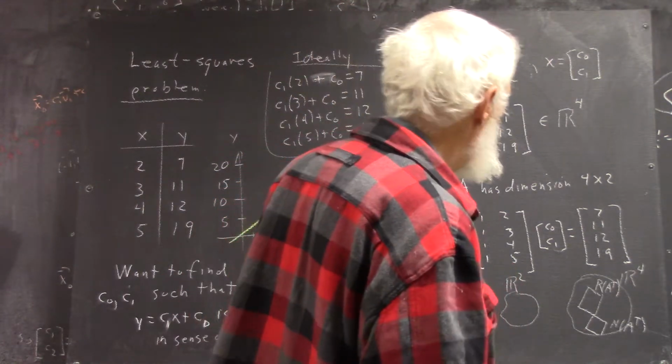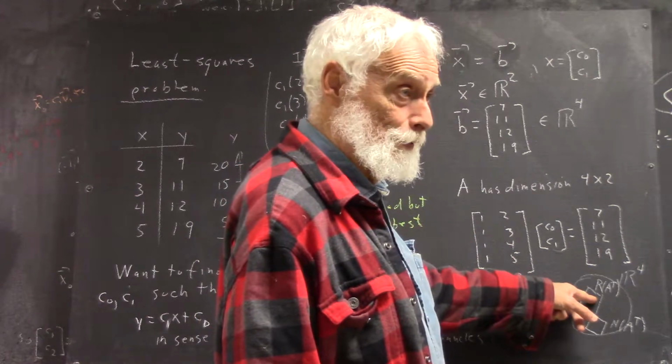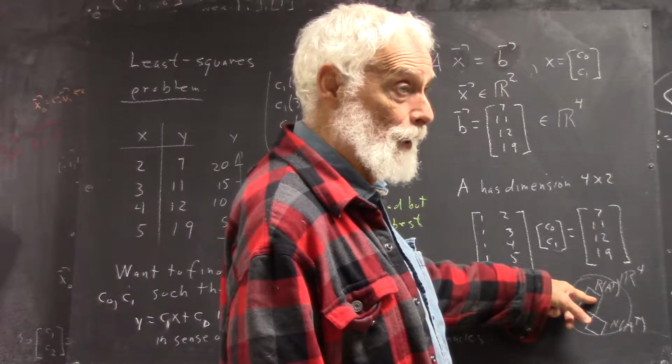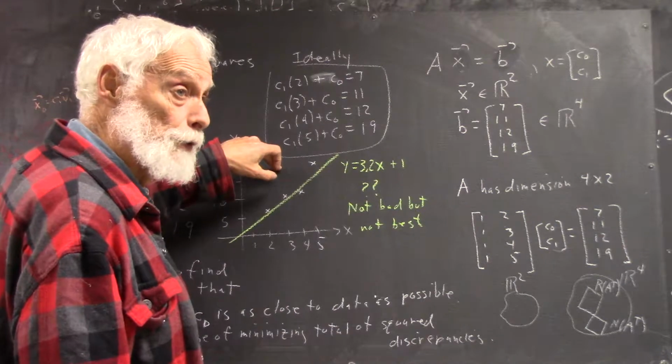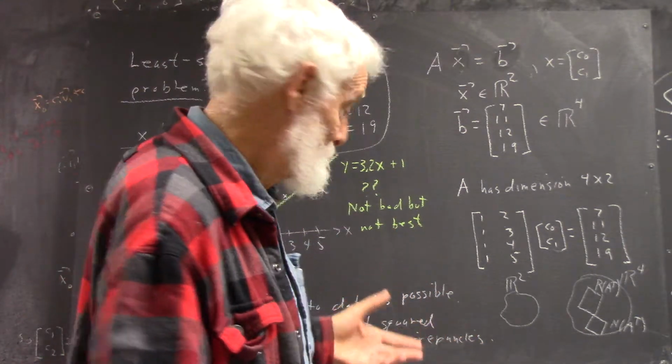There's no guarantee that this vector goes into your range space. As a matter of fact, for real world data, you can pretty much guarantee it's not, because that would mean that you do have a solution to these four equations and two unknowns, which is not to be expected. Okay?